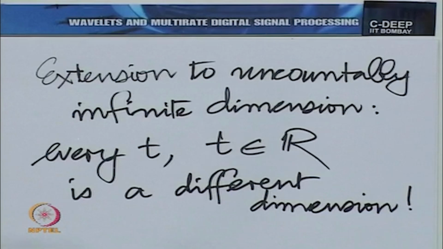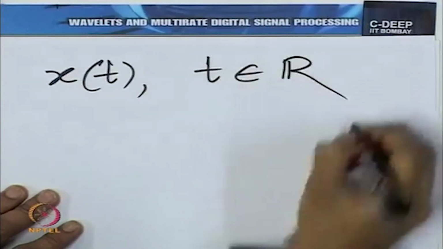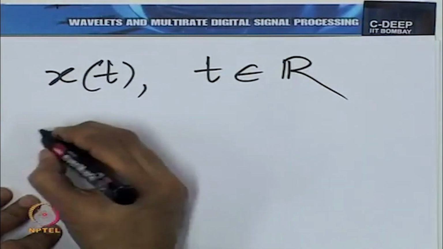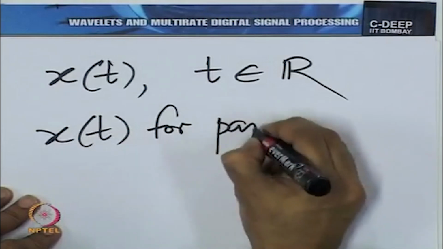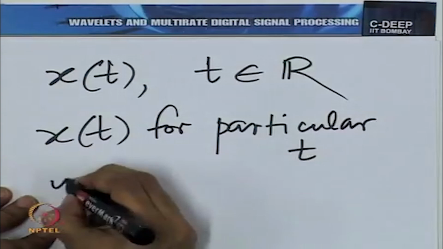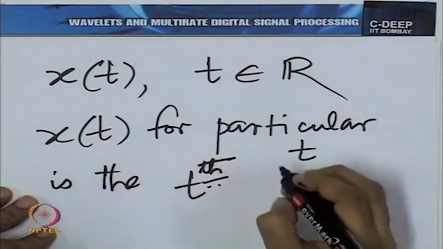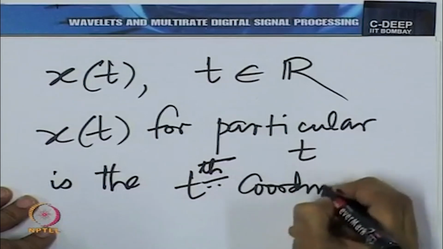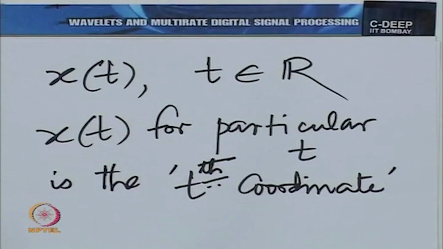So, if you have a function x(t), t over the real numbers, x(t) for a particular t is the t-th coordinate, so to speak. And there is an uncountably infinite number of such coordinates indexed by the real numbers.